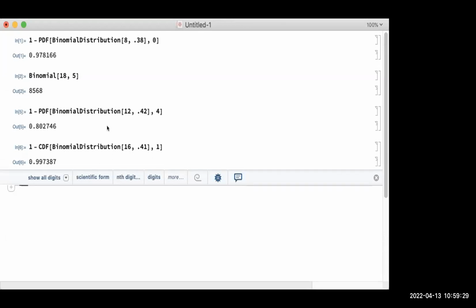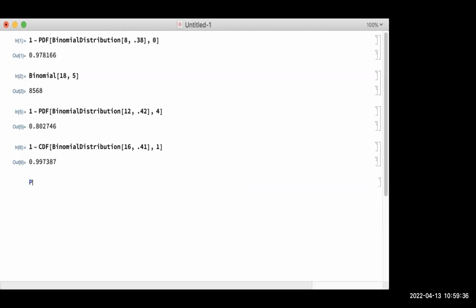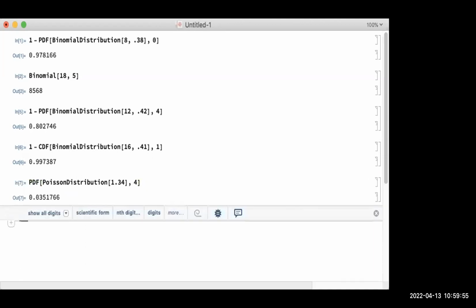And so let me type in PDF for my Poisson distribution with parameter 1.34. And I want to find the probability that x is equal to 4.